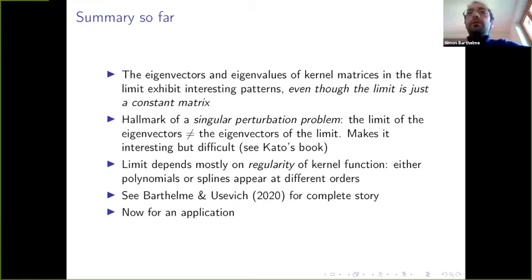Exactly. So at epsilon equals 0, your kernel matrix is just 1 times 1 transpose, so it has a single non-zero eigenvector. But at any value of epsilon you get a whole set of eigenvectors, because the matrix is actually invertible for any epsilon larger than 0.